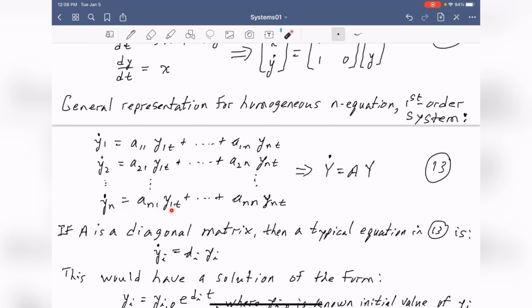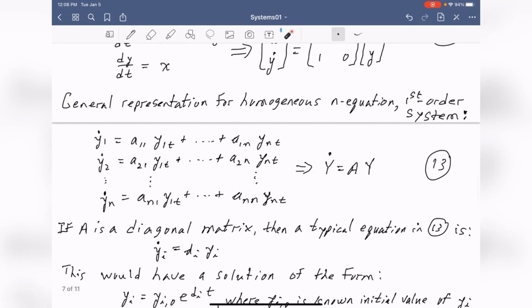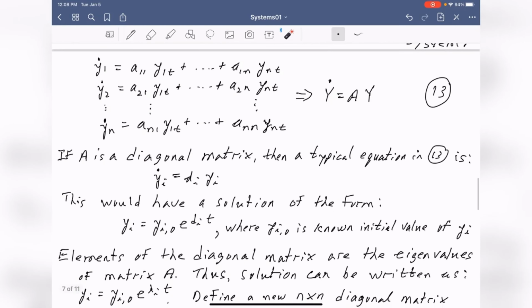And for the final one, if we have n equations, we have y_n dot equals a_n1 y_1t plus dot dot dot plus a_nn y_nt, which in matrix notation we write as y dot equals A, matrix A multiplied by y.